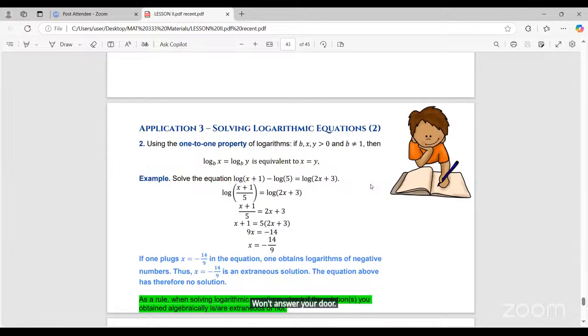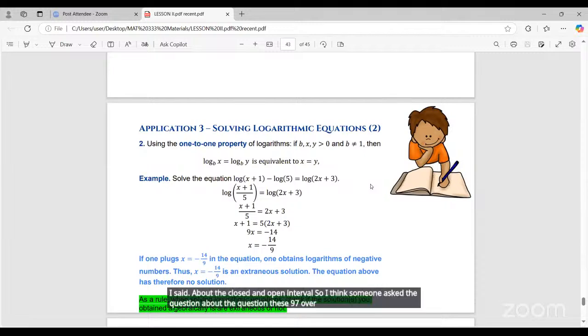I want to clarify about the open and closed interval. Someone asked a question about this minus 17/3.